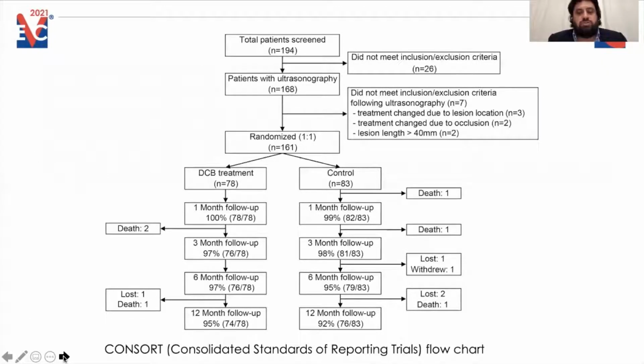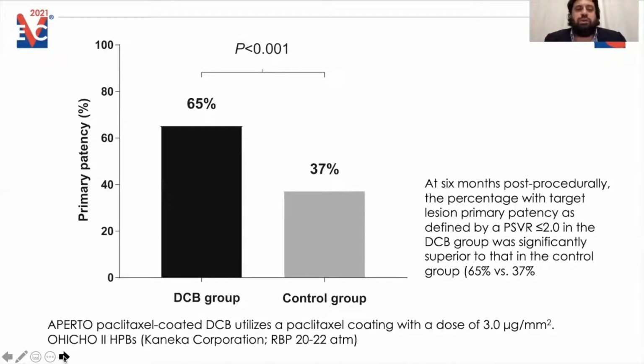In the CONSORT flowchart, we see the total number of patients: 161, with 78 in the DCB arm and 83 in the control arm treated with high-pressure balloon. During the procedure, they performed preparation of the vessel with angioplasty and then randomized to DCB versus high-pressure balloon.